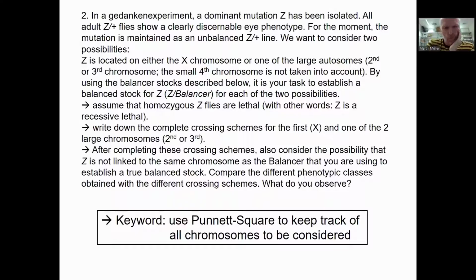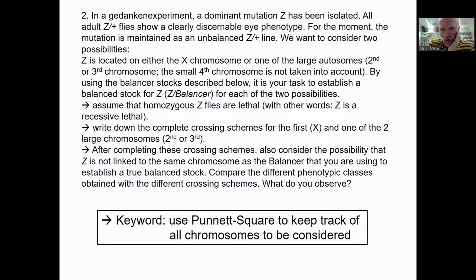Here, complexity increases slightly. It's about making balanced stocks for a dominant mutation Z, which is homozygous lethal. You will see that the Punnett square is not always as simple as it was in the previous cases.